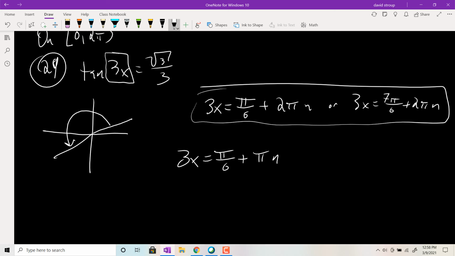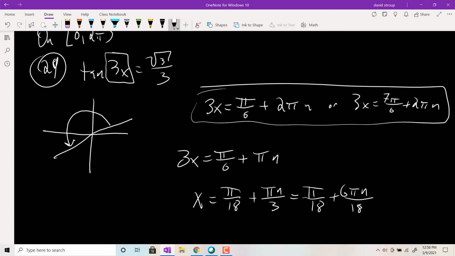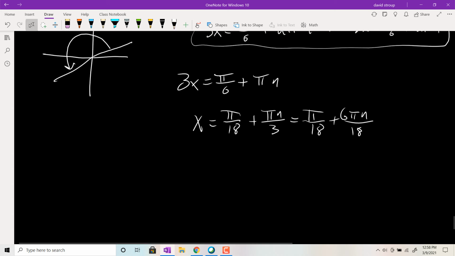So anyways, the first thing you do is multiply everything by 1/3. So you get x equals pi over 18 plus pi n over 3. And to make life easier, I'm going to get a common denominator here: pi over 18 plus 6 pi n over 18. Then x1 is pi over 18.